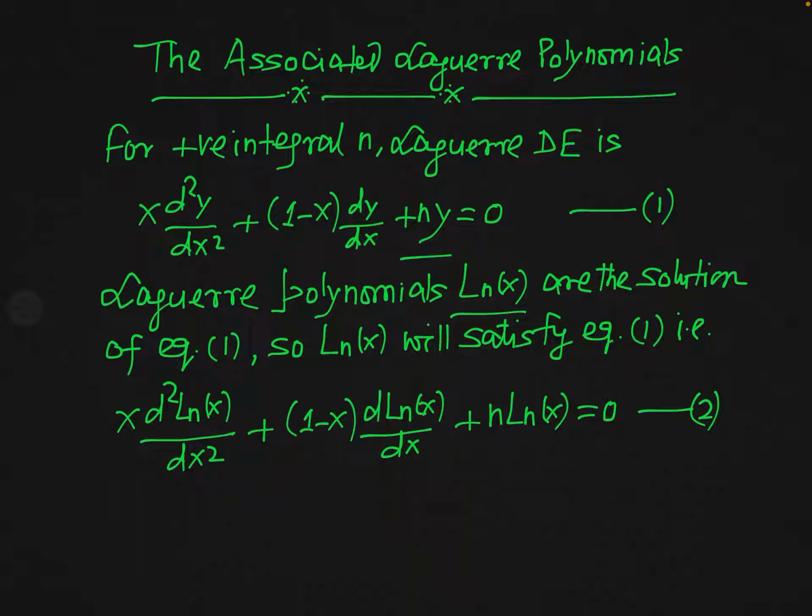Now we will follow some mathematical steps to know what is the associated Laguerre differential equation. For this, let us differentiate this equation 2 by using Leibniz theorem m times. So differentiating equation 2 m times by Leibniz theorem.